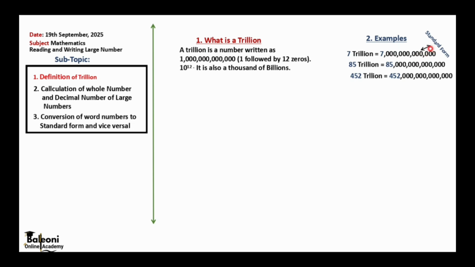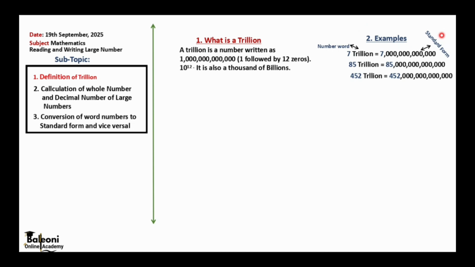But when you look at the left-hand side of the expression, like 7 trillion, 85 trillion, and 452 trillion, part is written in word and part is written in figure. So we refer to it as number word. So sometimes you can be asked to convert standard form to number word or number word to standard form.